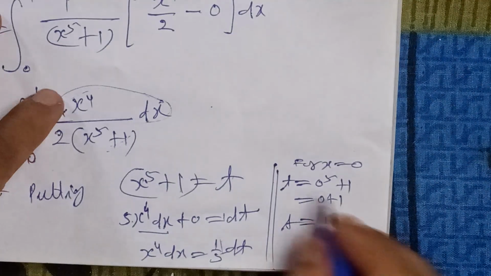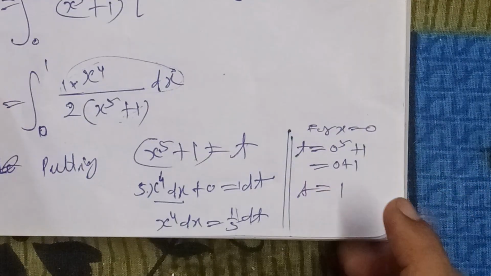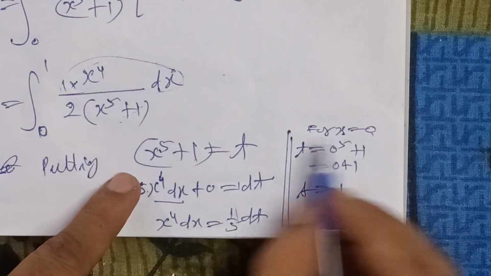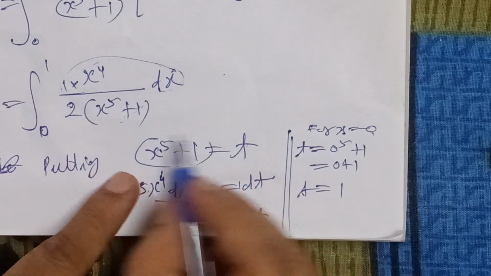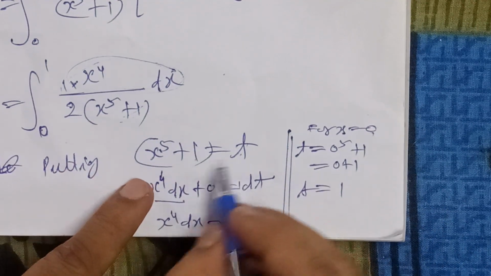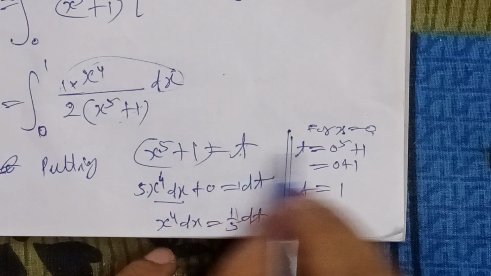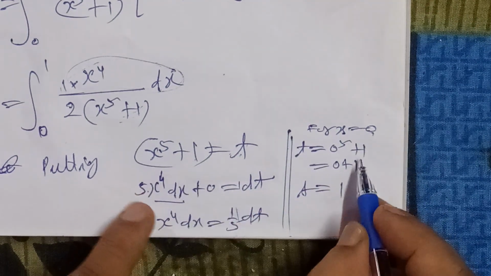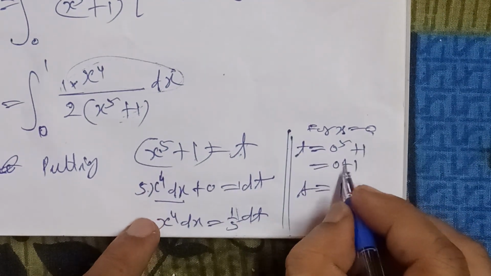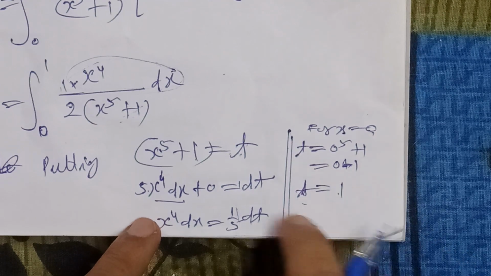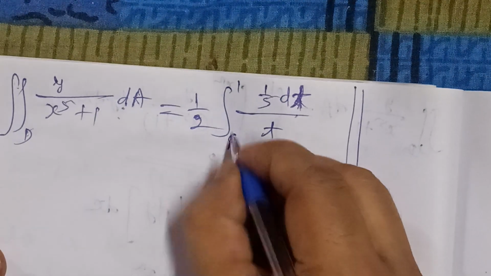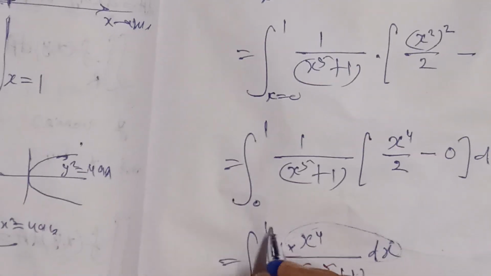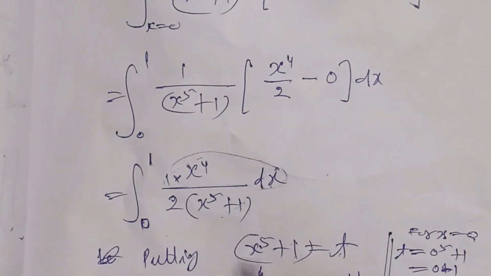For the upper limit, we have to put x equal to 1 here.